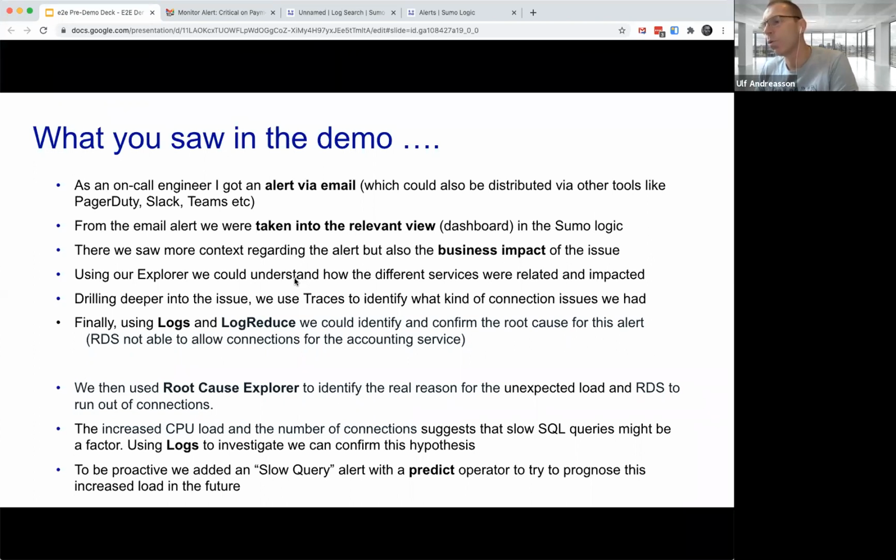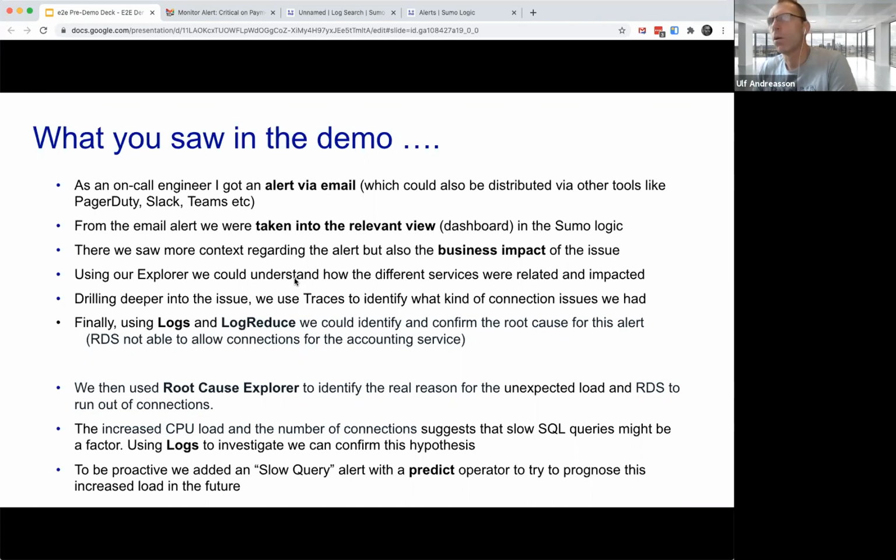So effectively, we saw that the payment service couldn't communicate, or unsuccessfully communicated, with the account service. Drilling deeper into that, we used the traces to identify what kind of connection issue we had and why we weren't able to do that. From there, we used the logs and log reduce to fully understand and confirm the root cause of this alert.